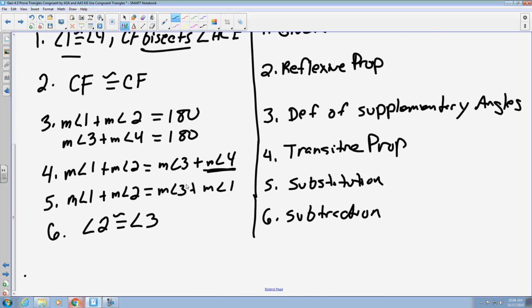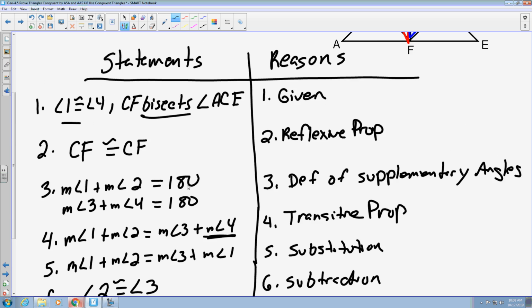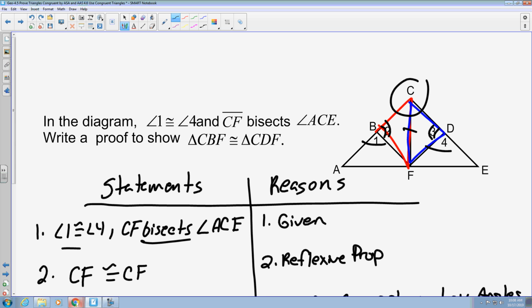So now the next step here, 7, is I'm going to look at this angle pairing because in the given statement it says that CF bisects angle ACE. Well, by definition, it breaks up into two equal parts.